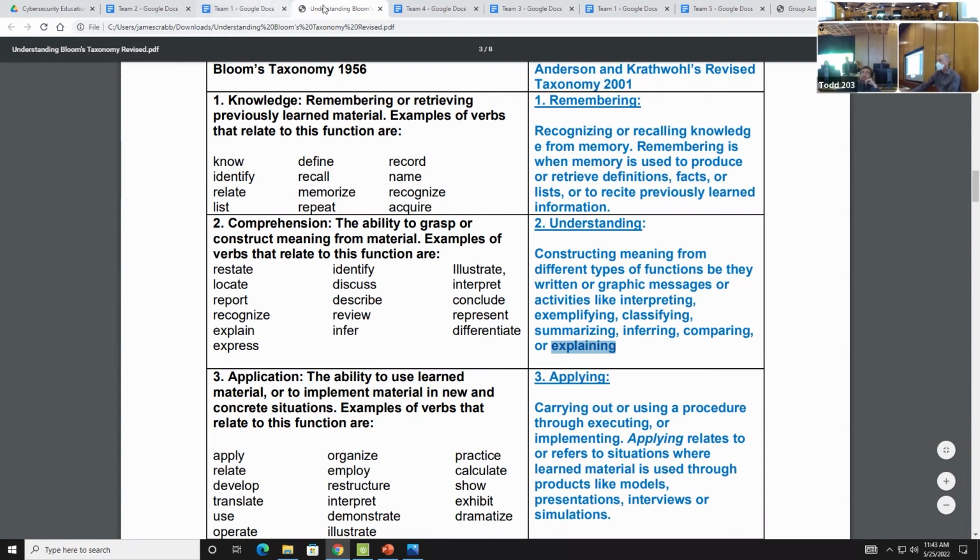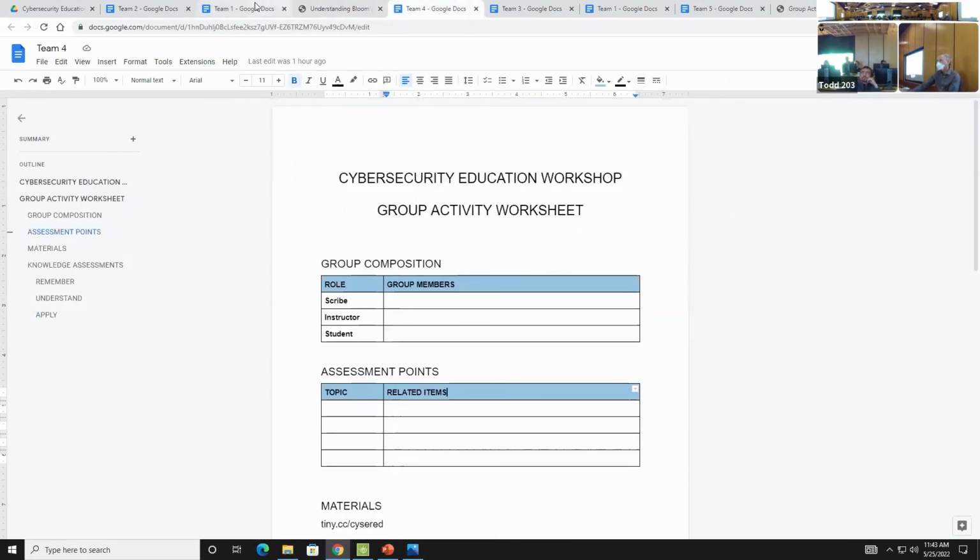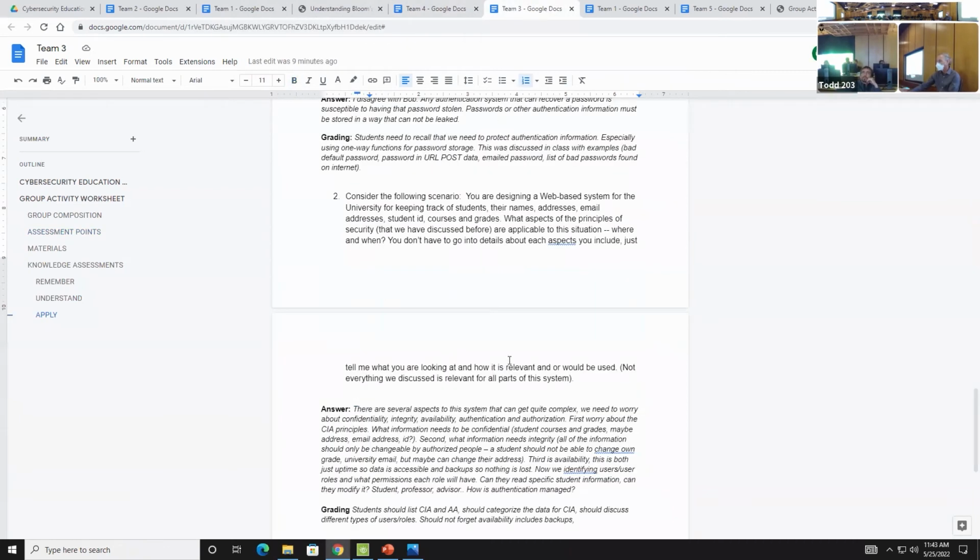I guess there's a difference here between saying apply confidentiality and is confidentiality relevant and how. Certainly apply confidentiality would be at the apply level. Asking what is relevant, is that at the understanding level?